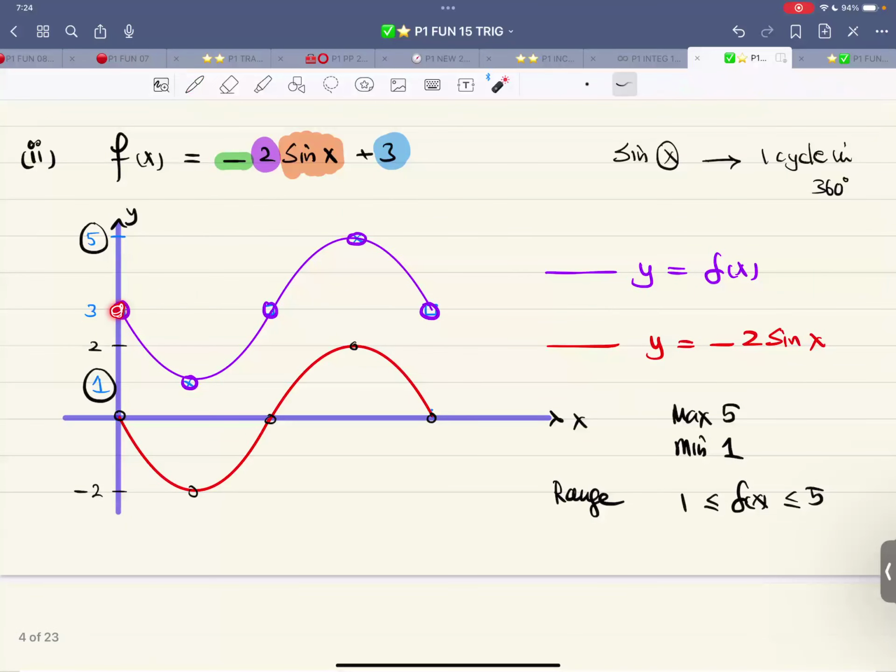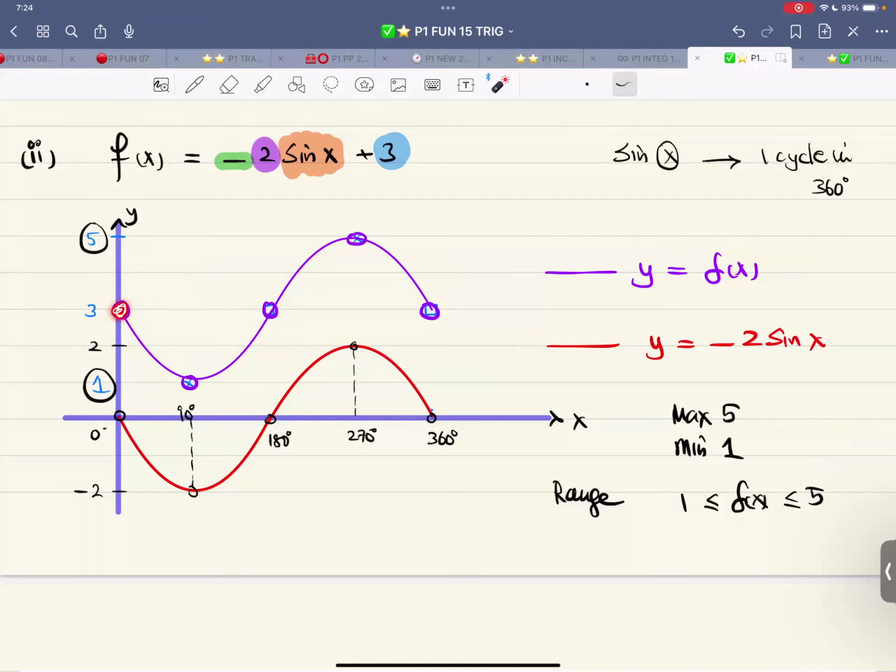Now, if I look from here, this is 0. Let me label the x-axis. So this is 0, this is 180, this is 360. This is 270, and this is 90. Now we see that if I apply the horizontal line test, currently it's a many-to-one function.